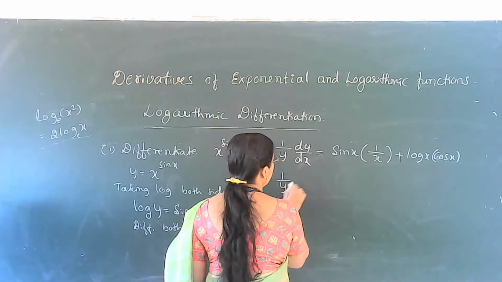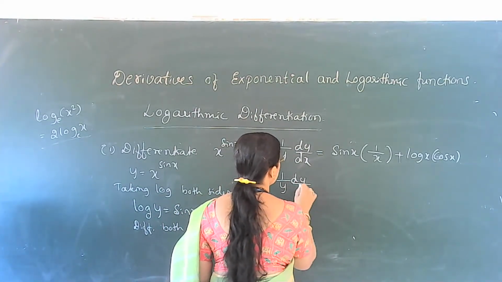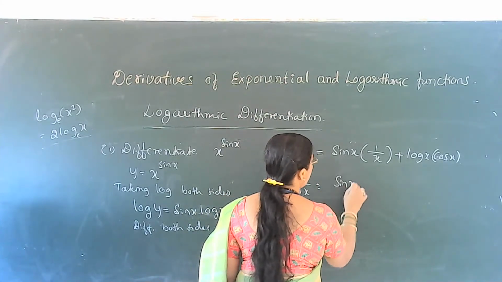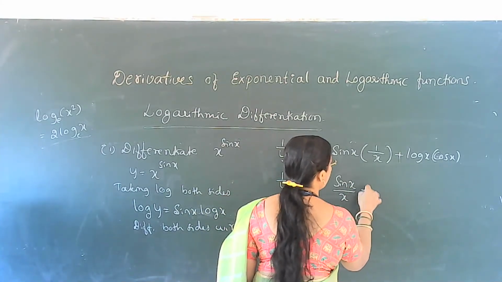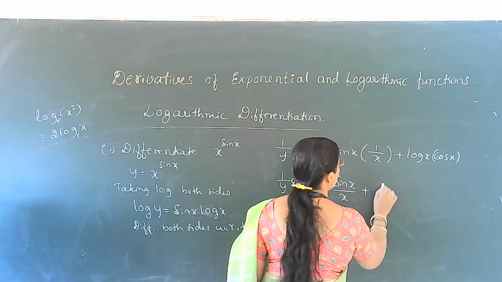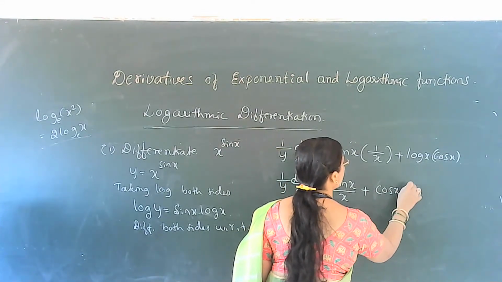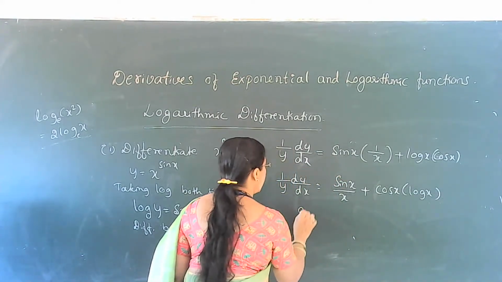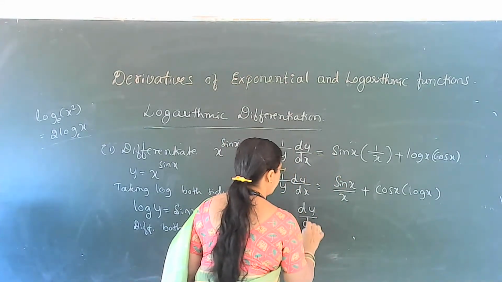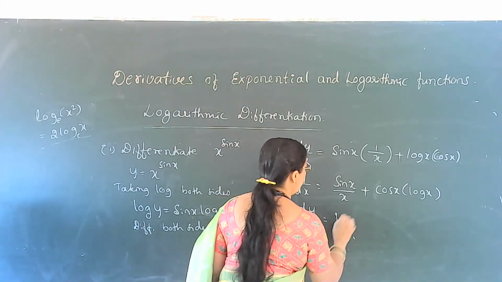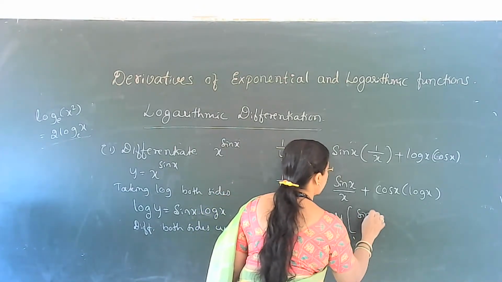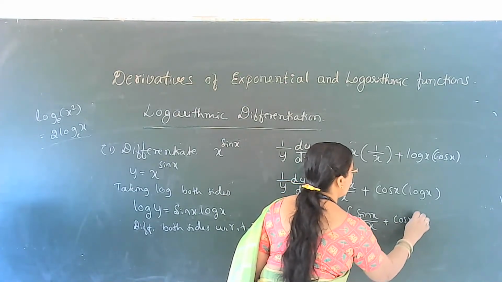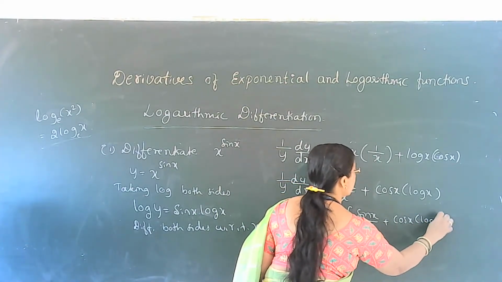Then 1 by y dy by dx is equal to sin x divided by x plus cos x into log x. We are getting dy by dx is equal to y into sin x divided by x plus cos x into log x.